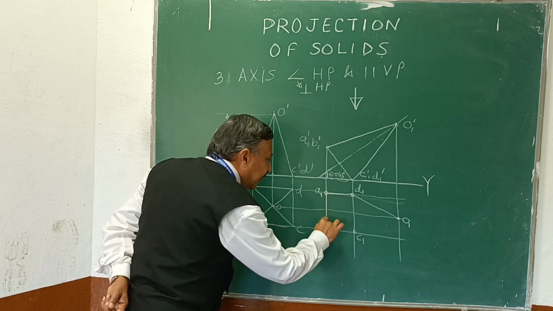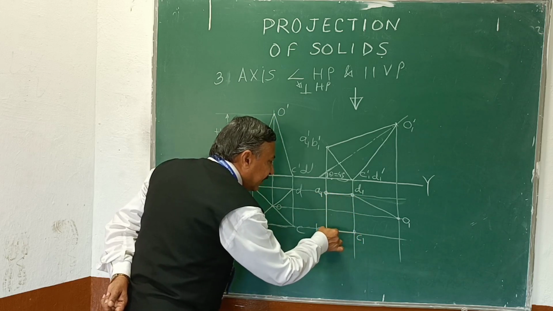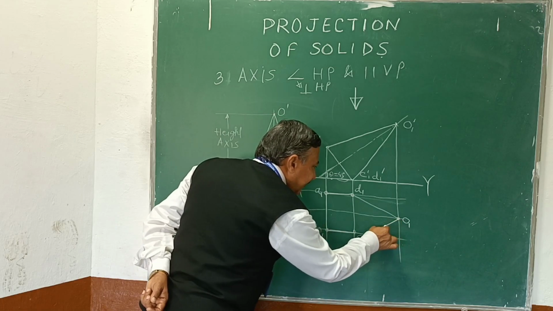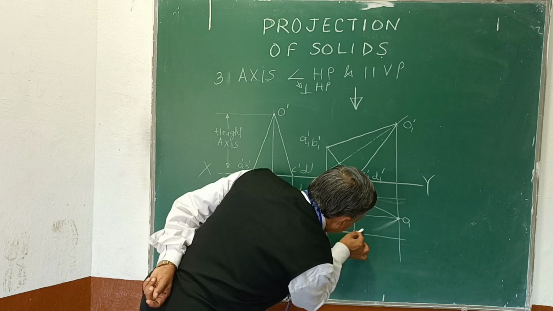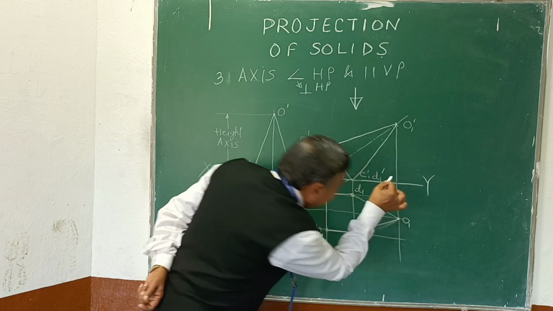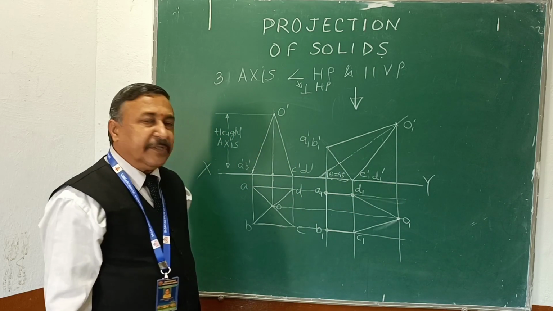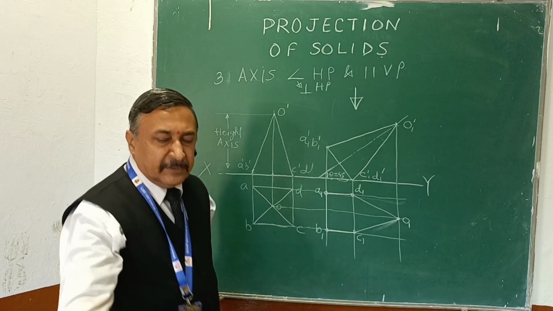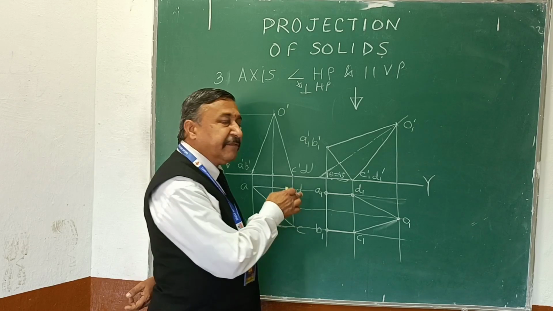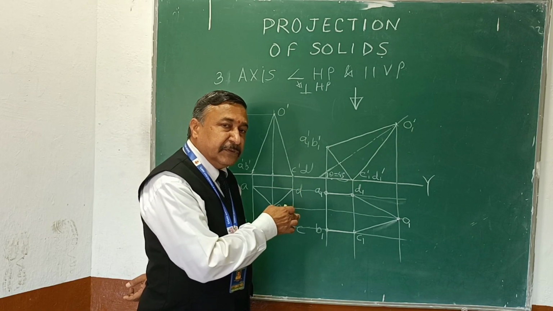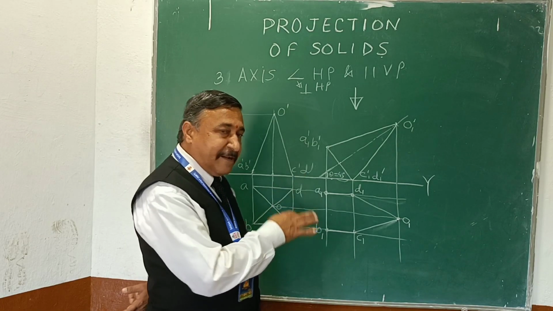This is outer line. This is outer line. And this is outer line. Okay, I dark here. Now this is our top view. So we can dark it.